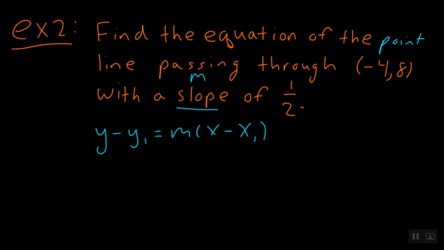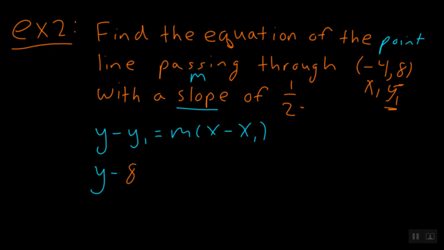Now from here, let's go ahead and plug in what we know. So I've got y minus, that comes from the formula, and you'll notice I've now switched the colors and flip-flopped them. And here we have our first point, so it's x1, y1, and our y1 value is that 8.